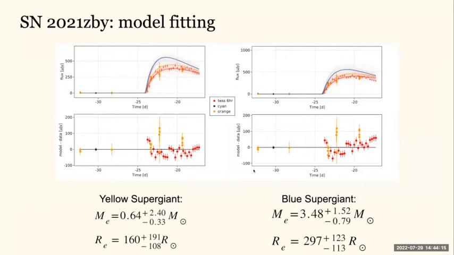The result shows that the yellow supergiant and blue supergiant have similar performance, and both have very low residuals. The progenitor of 2021 ZBY seems to be a bit larger than 17 JGH, and around the range that previous studies with shock cooling curves have given us.